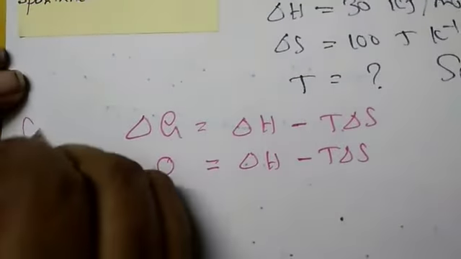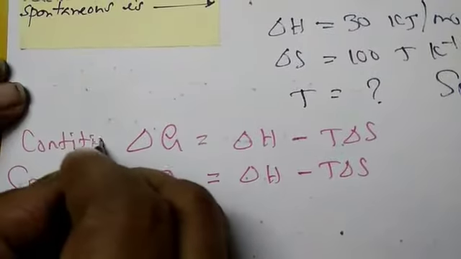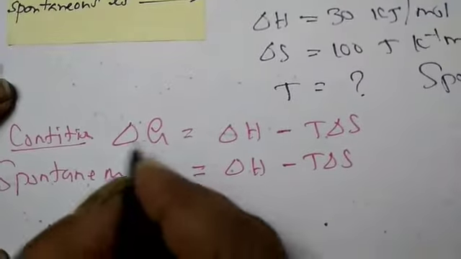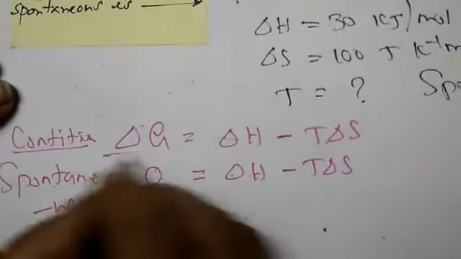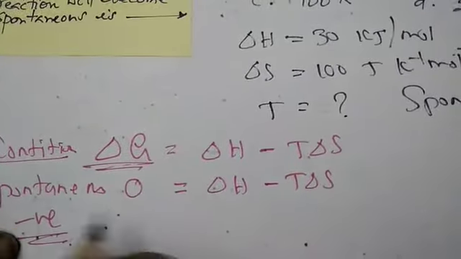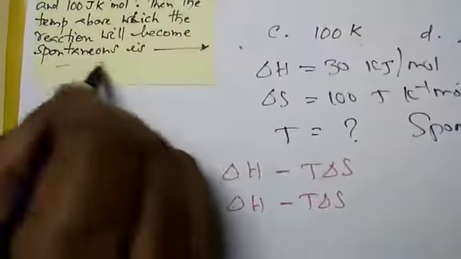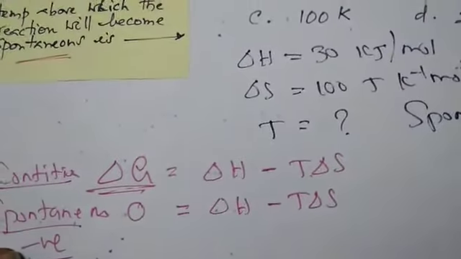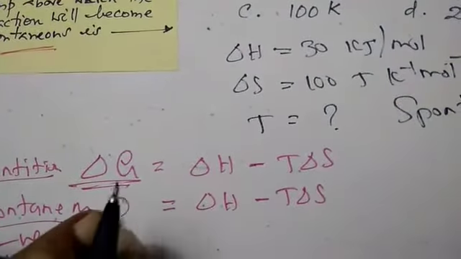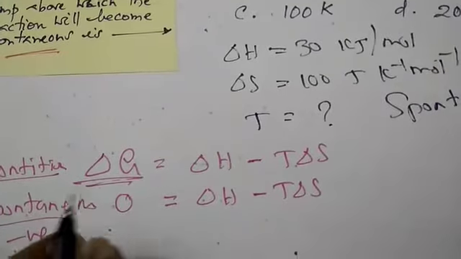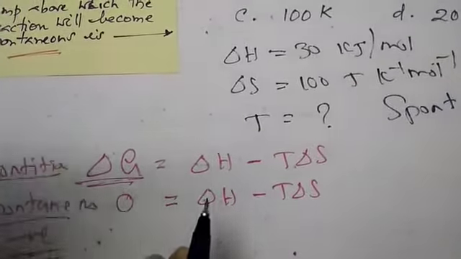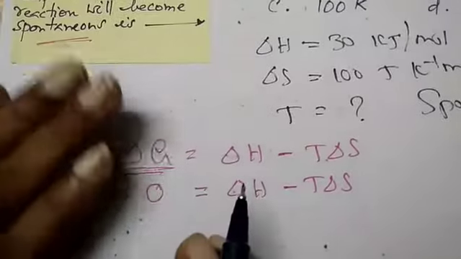I told you the condition for spontaneity is that this should be 0 or negative. To give delta G as negative, the reaction is spontaneous. Because they are asking above which temperature the reaction is spontaneous, I am keeping this as 0. Let us assume it is 0, though the value should be less than 0.